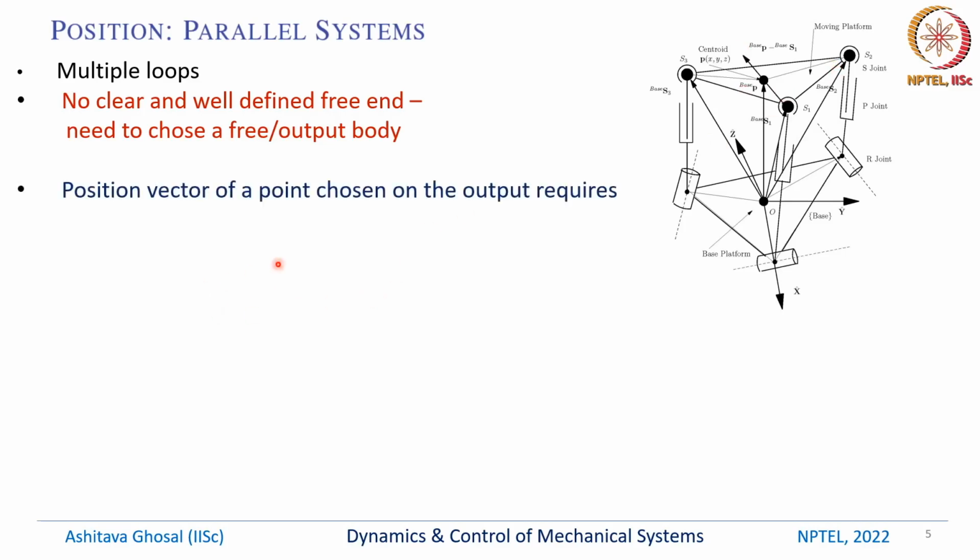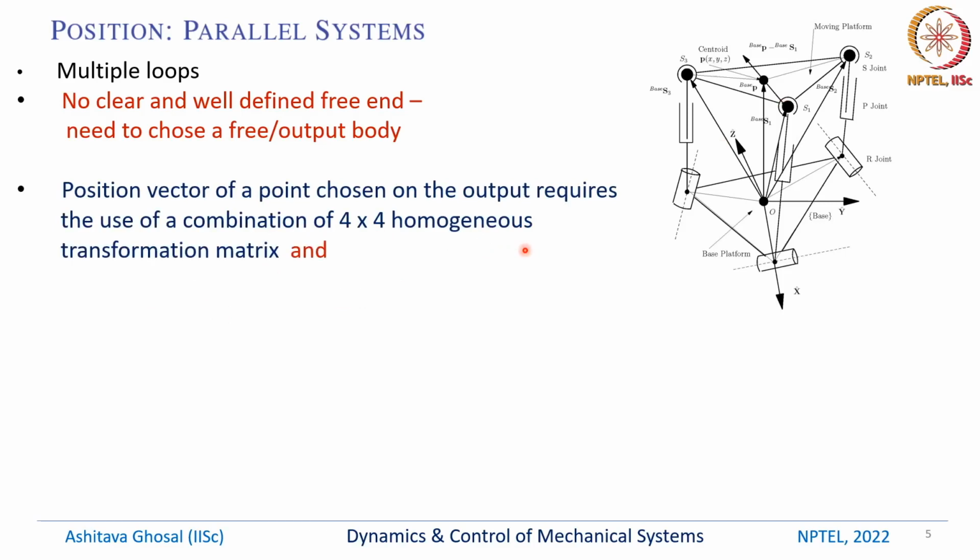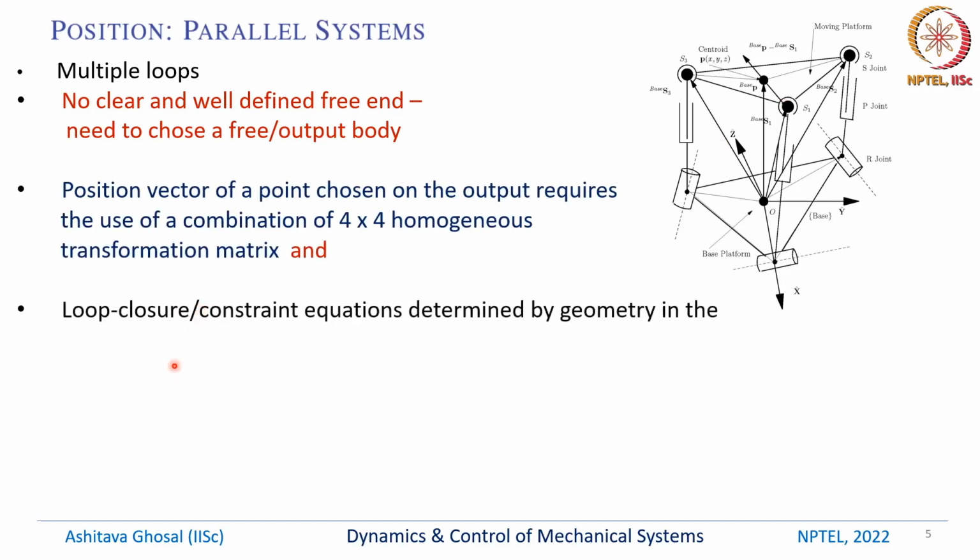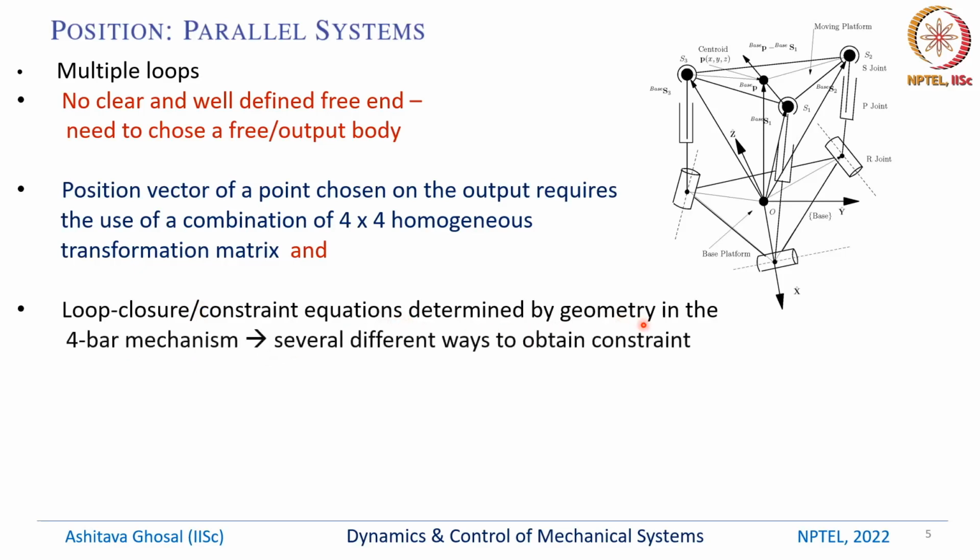So the position vector of a point chosen on the output requires the use of a combination of these 4x4 homogeneous transformation matrices, and we need to use loop closure and constraint equations determined by the geometry of the mechanism.